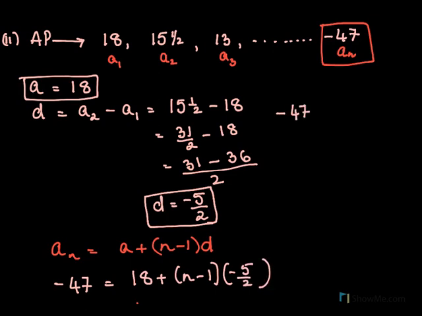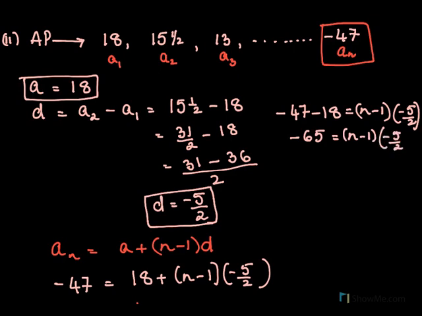Minus 47, we'll bring the 18 to the other side, becomes minus 18, equal to (N minus 1) into minus 5 by 2. So minus 47 minus 18 is minus 65 equal to (N minus 1) times minus 5 by 2.